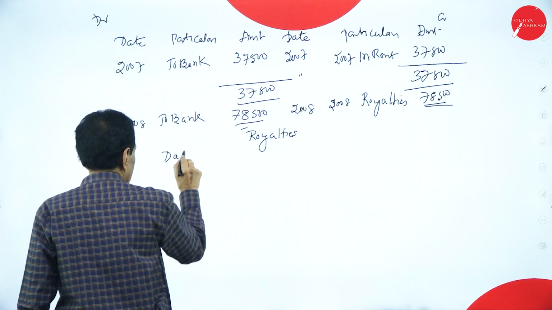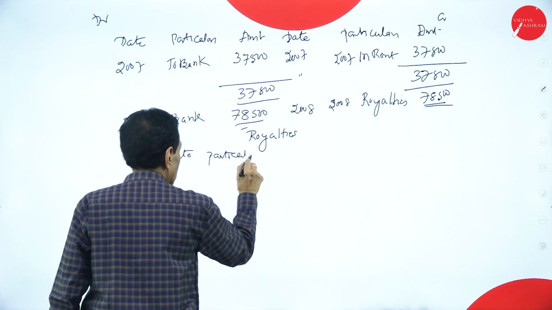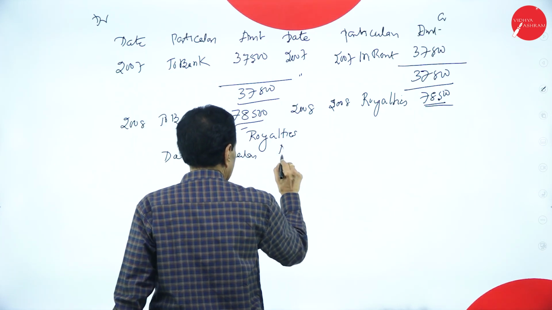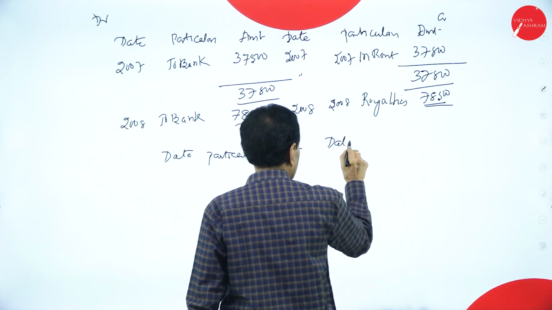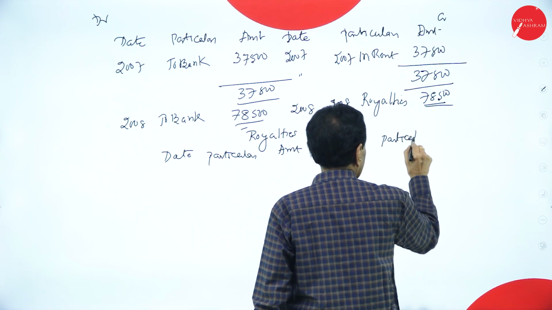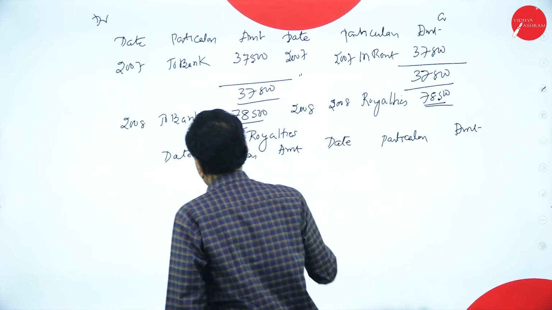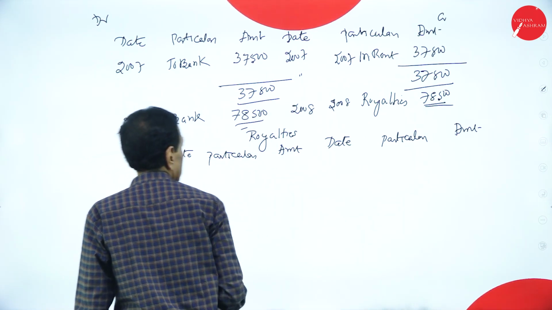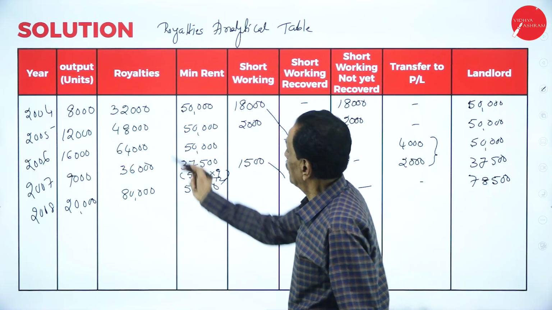Date, particulars, amount, date, particulars, amount, debit, credit. First year royalty. What's your first year royalty?